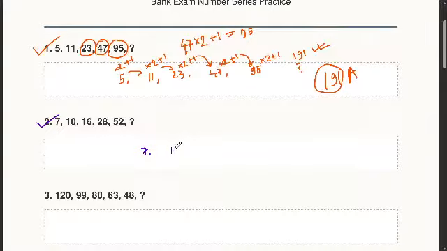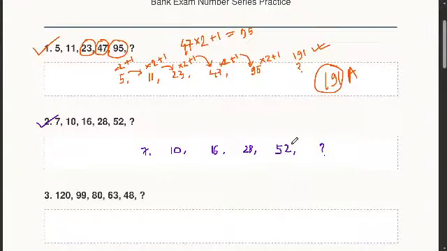Okay. 7, 10, 16, 28, 52, and what? So we have to find the next number.